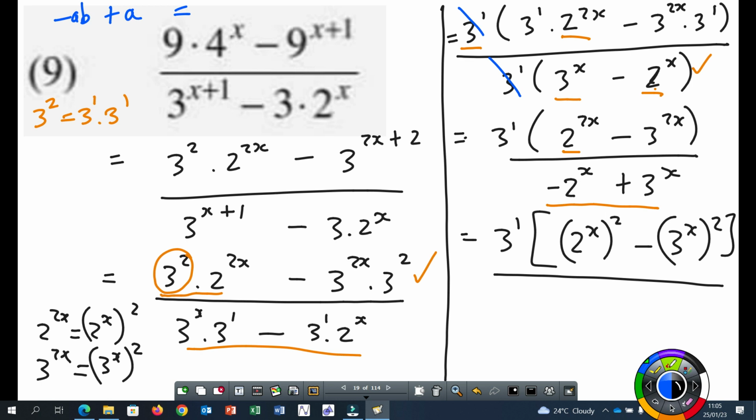You can factor out minus a, isn't it? So you can end up having minus a times b minus 1, which is also the same as a times minus b plus 1, and this will give you a times 1 minus b.